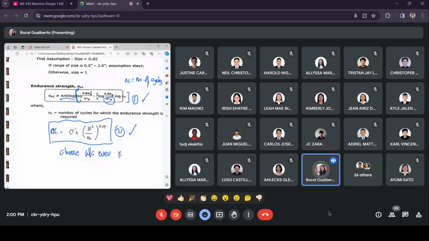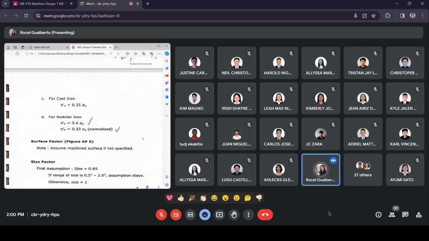Whichever has the smaller value between equations 1 and 2 is the one to be used in solving for sigma n or tau n. That is the sigma n1 we will use.